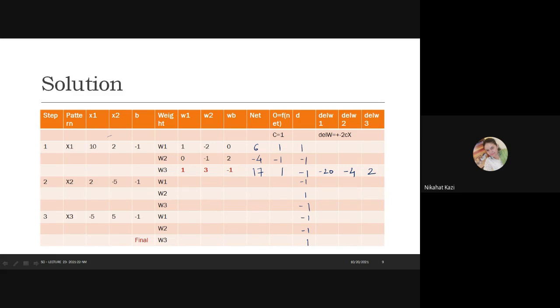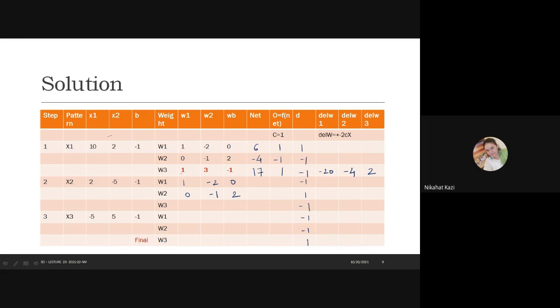Right? So these are the delta W values. Now using these values, we will compute the new weights. What about W1 and W2? What will be the weights? They'll remain unchanged because delta W is 0 in that case, right? So these weights we'll write as they are. Only weights that we need to update are W3.